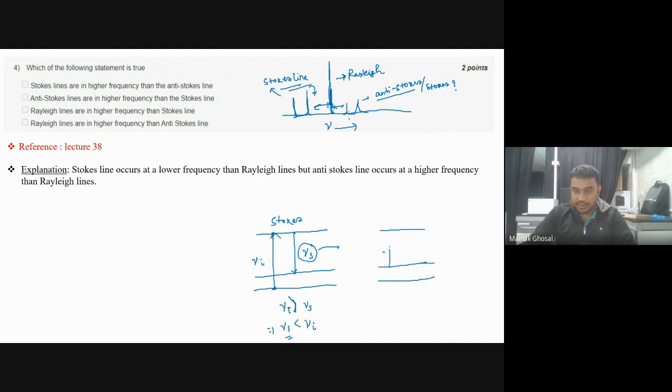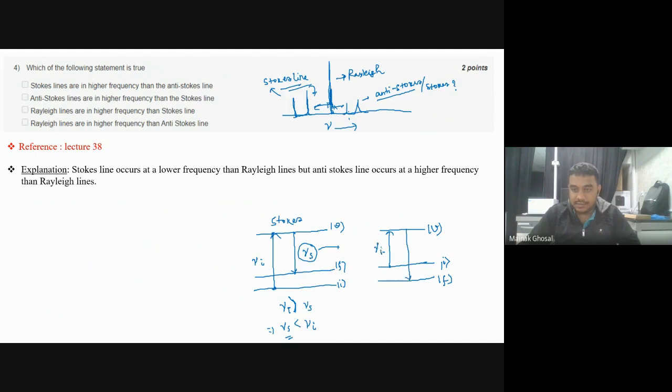And this is the other diagram. Here this is the initial state, this is the final state, this is the virtual state. I am exciting from there to that.